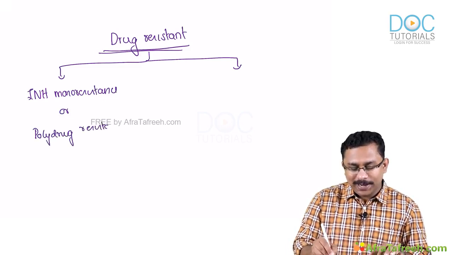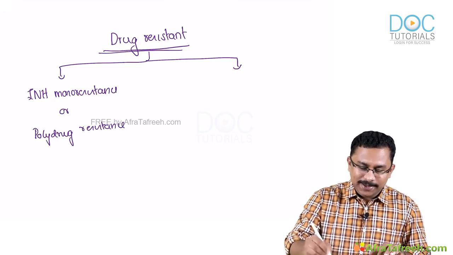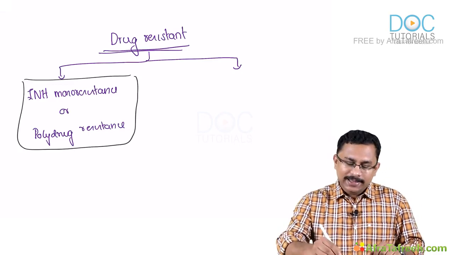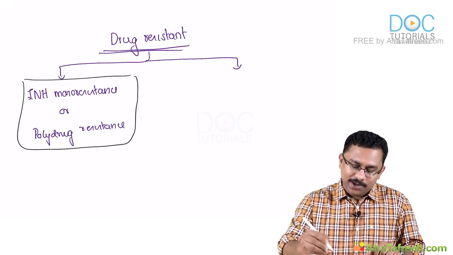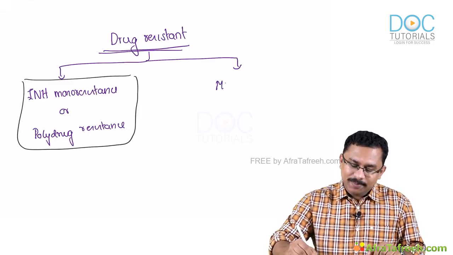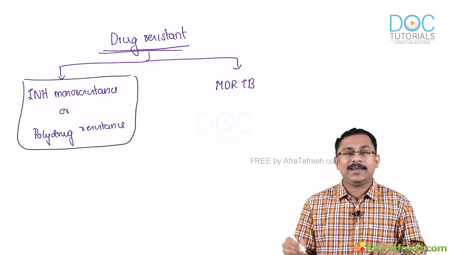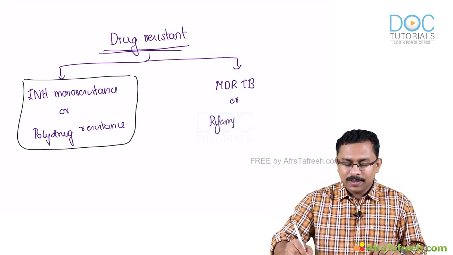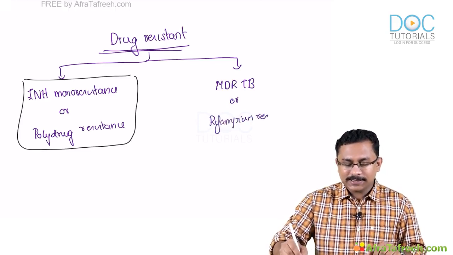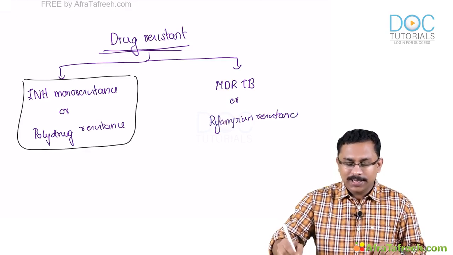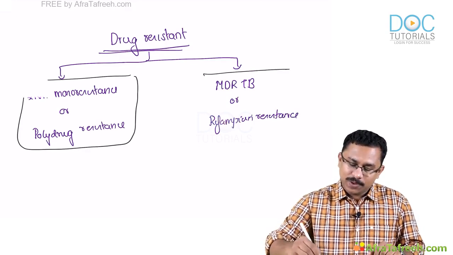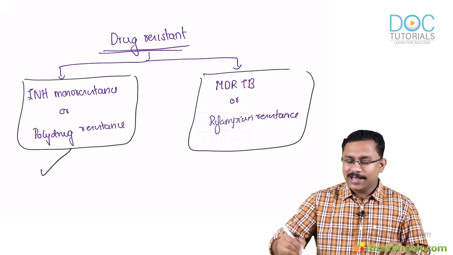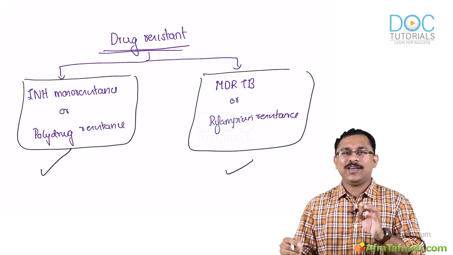These two belong to one category because the treatment for these two would be the same. And then you have the second category, where you have either MDR TB or rifampicin resistance. For these two also the treatment would be the same. Now let's see, how do we treat this one? How do we treat this one? That is what we are going to learn.